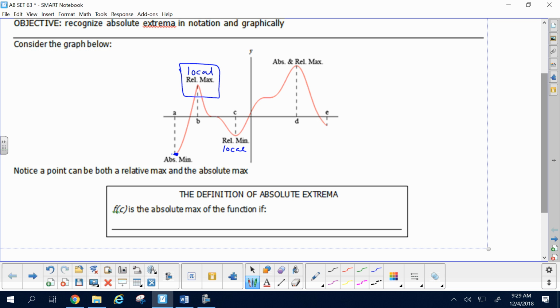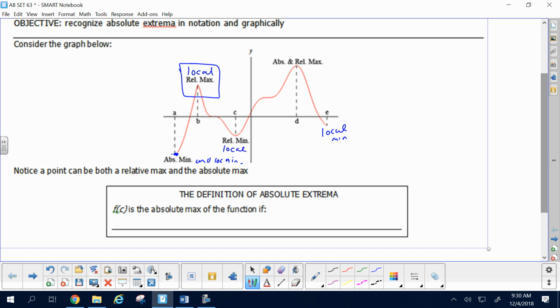That guy D is both a relative max because it's the toughest in its little area, but it's also the global or absolute maximum because it is the greatest y value of all time. And then E is a local min because it's the lowest in its little area. By the way, this we could also say is a local min too. It's not just a relative.